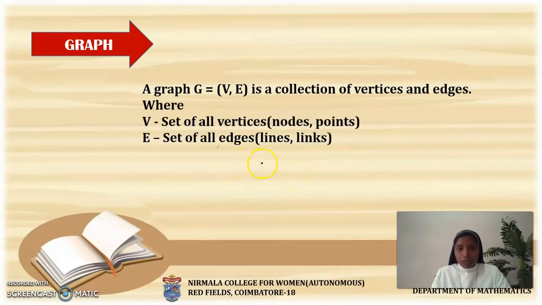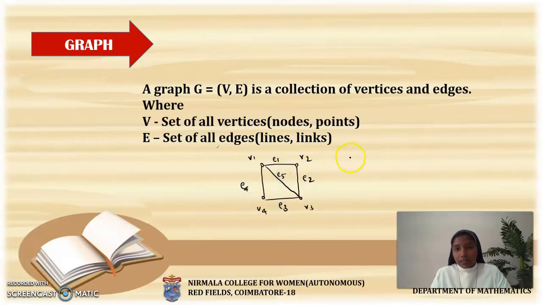having 4 vertices V1, V2, V3 and V4, and the lines joining the vertices are known as the edges. So, for this graph, we have the edges E1, E2, E3, E4 and E5.